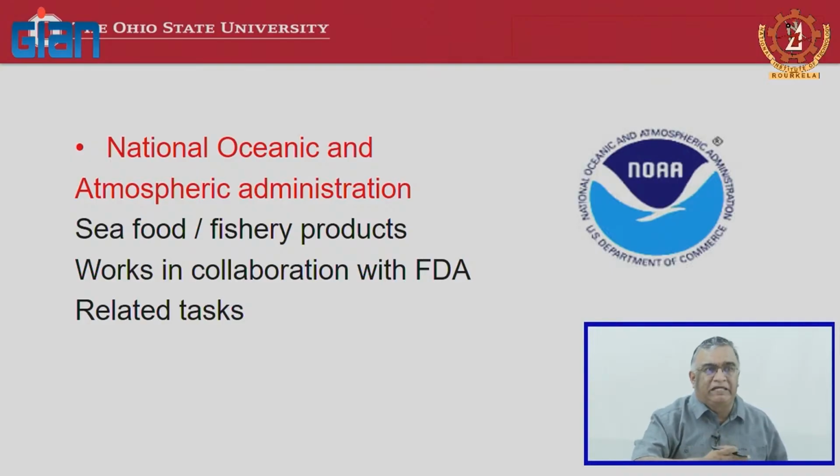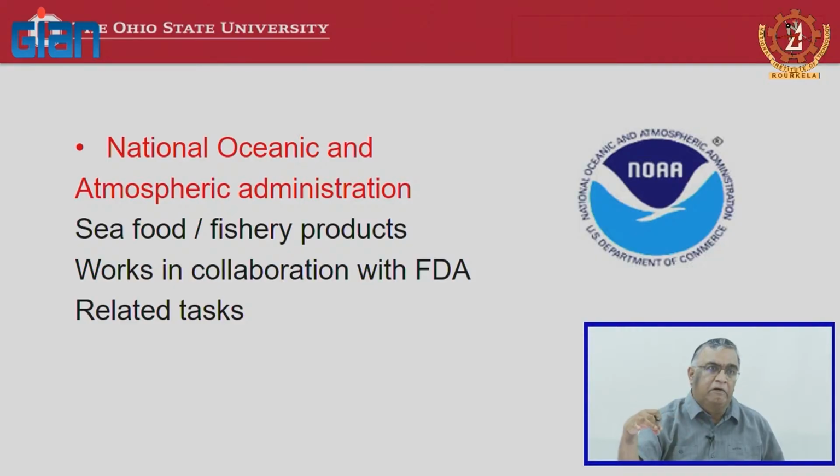So, there has been talk about merging FDA and USDA into a single food safety agency, but that requires an act of Congress, and I think that did not happen before. So, they still have two separate agencies, but they collaborate with each other on some related things.